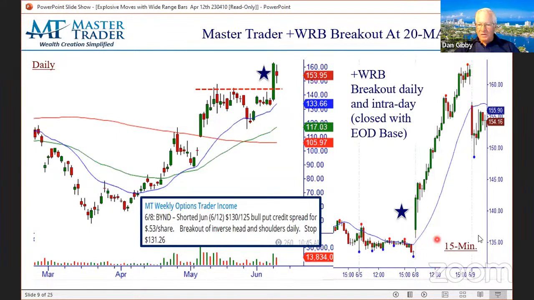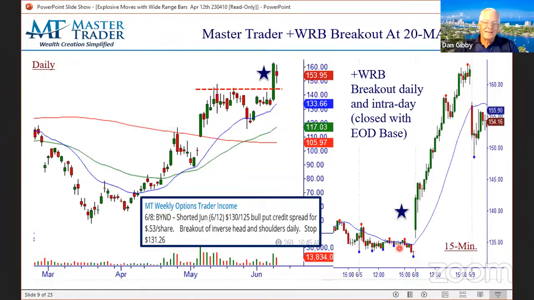Well, let's now look at this. It's a microscope. A smaller time frame is a microscope of the bigger one. So notice these vertical dotted lines are 1 day. Notice this opening of this candlestick at 9:30 Eastern time didn't clear the prior high, but this is what we call an end of day base.